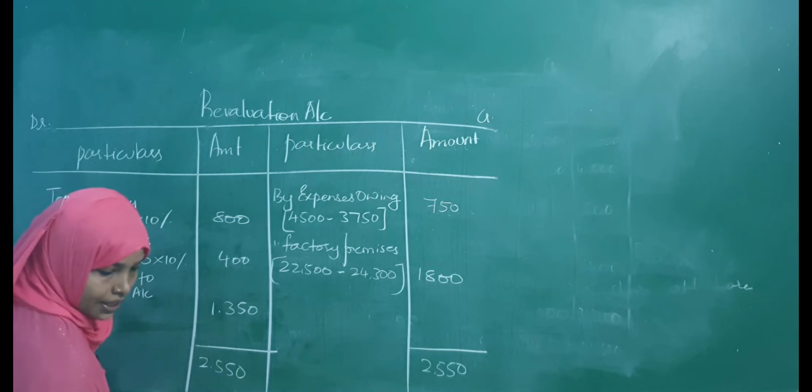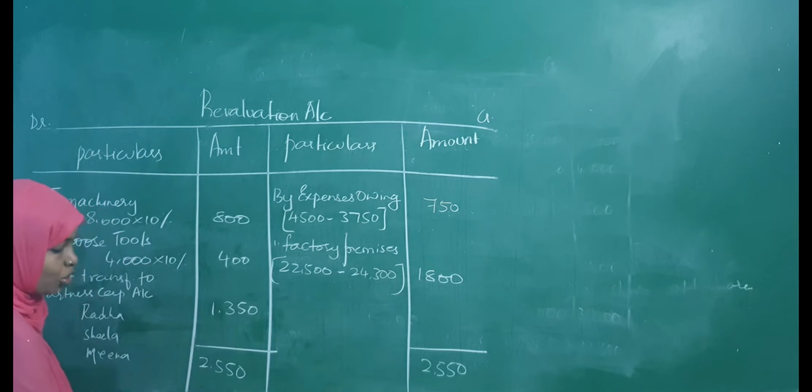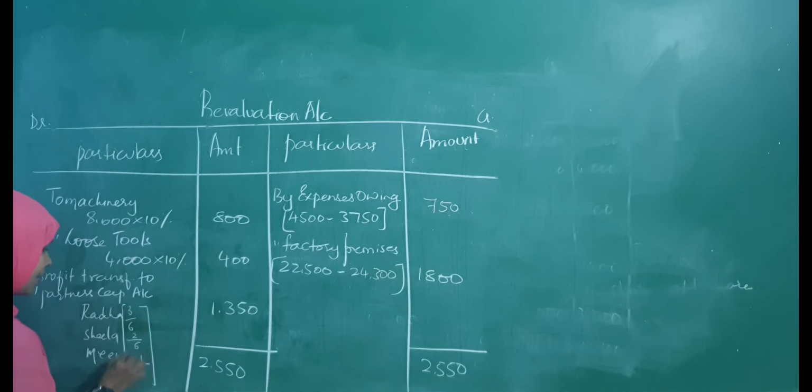Who are the partners? Radha, Sheila and Meena. Radha, Sheila and Meena in the ratio of 3/6, 2/6, 1/6. Okay, these are the ratios.